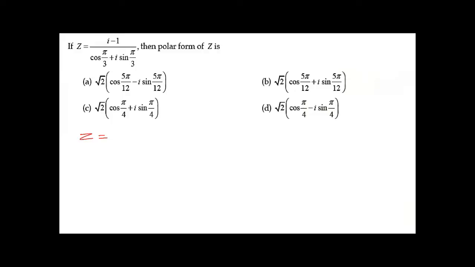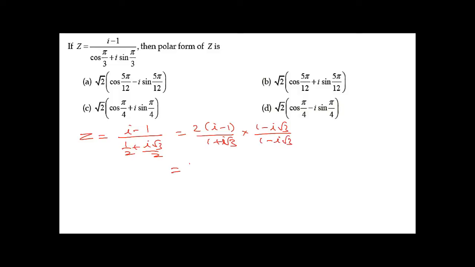Z is (i minus 1) by, so the denominator can be converted: cos pi by 3 is 1 by 2, plus i root 3 by 2. This value is 2 into (i minus 1) by (1 plus i root 3). So you can rationalize by multiplying with (1 minus i root 3) by (1 minus i root 3).